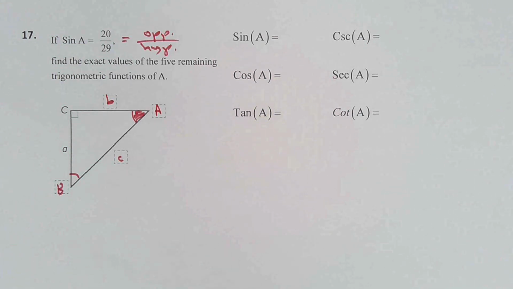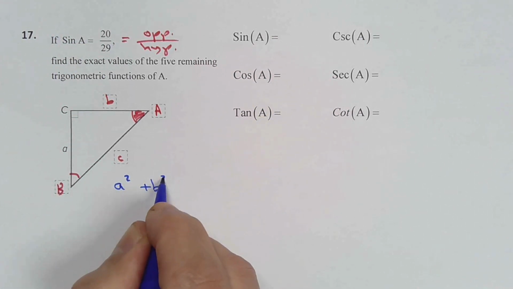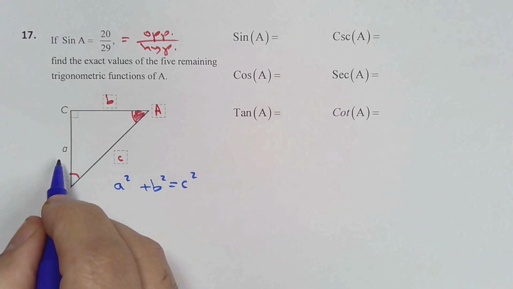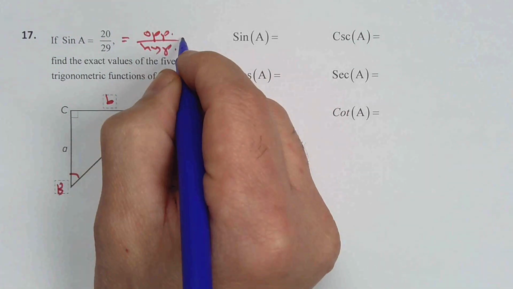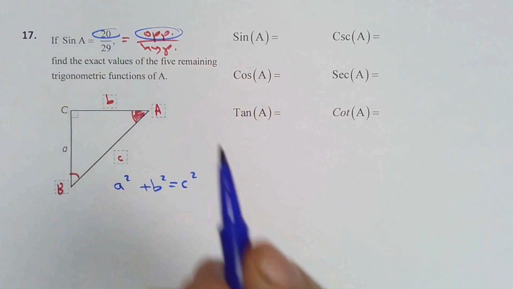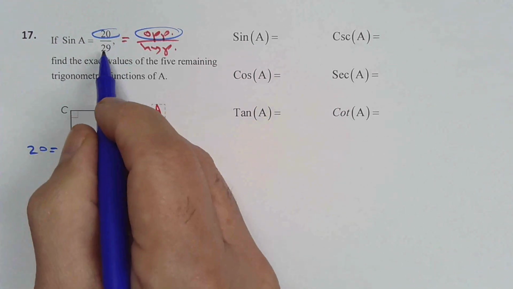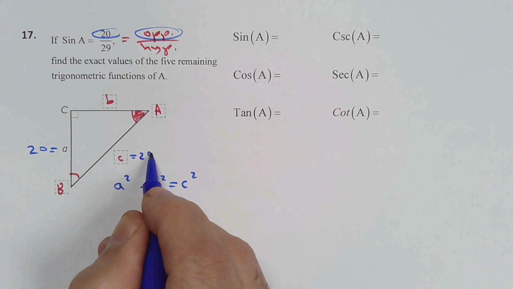Pythagorean theorem says a squared plus b squared equals c squared. But a is the opposite of angle A, that is 20. And the hypotenuse is 29, which is c.